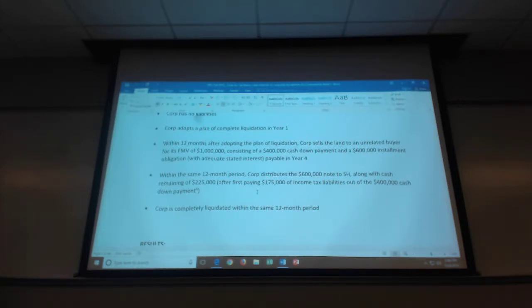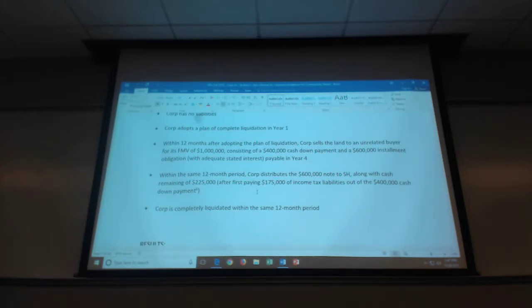We're going to cover that in just a few minutes. Here, when the property that's being distributed is a promissory note of $600,000 face amount that's being reported under the installment method, the note distribution triggers the gain inherent in that note.